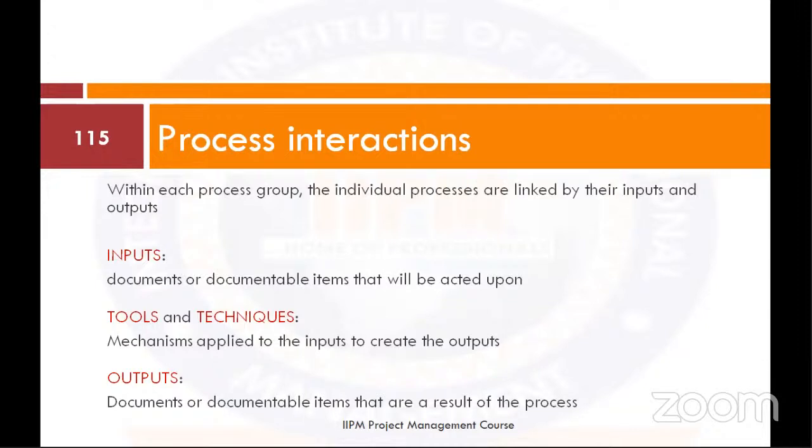For instance, if we want to make more, the inputs will be the raw materials that you need, and then you need a grinding machine, and all of those other things that you need.